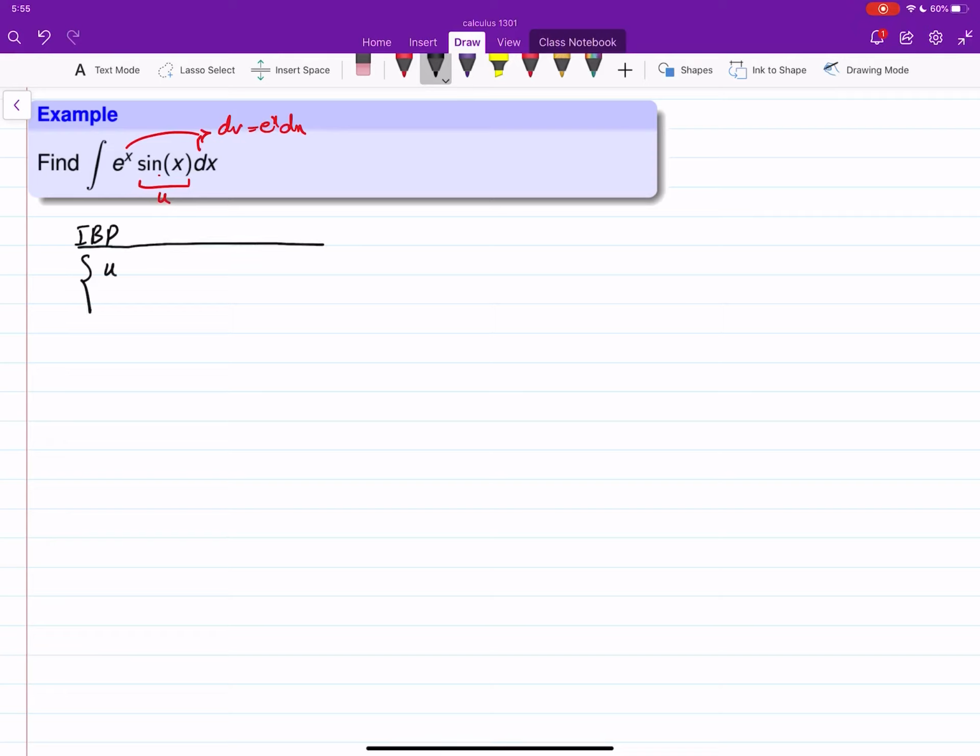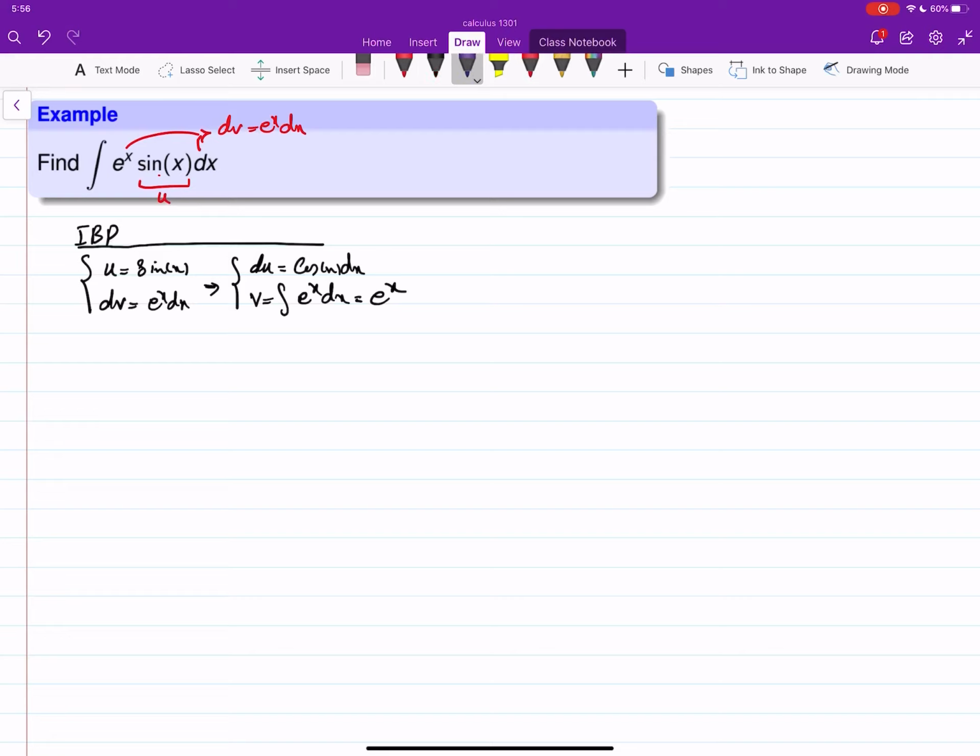So I have u, which is sine x, dv, which is e to the power x dx. Then I differentiate the first one to find du, which is cosine x dx, and then integrate the second one to find v.